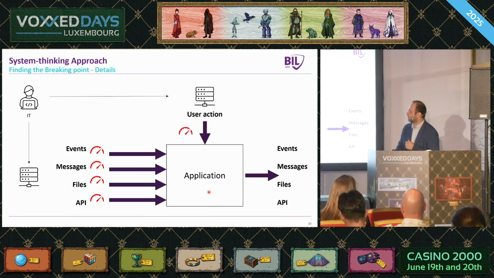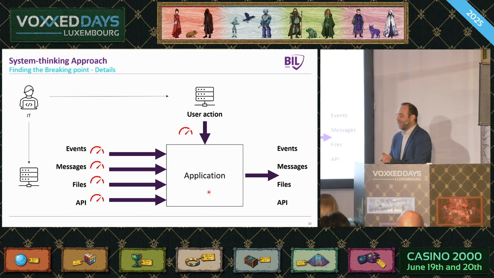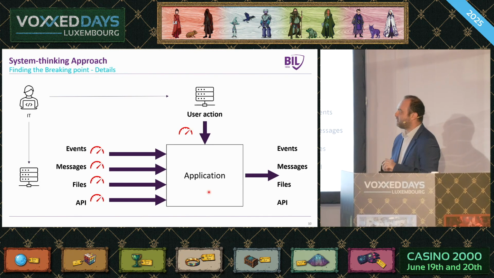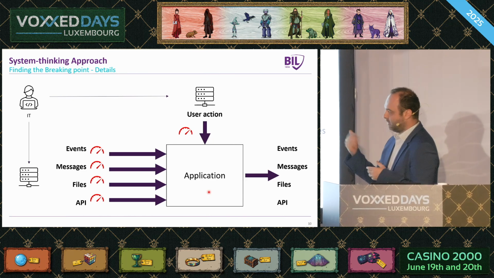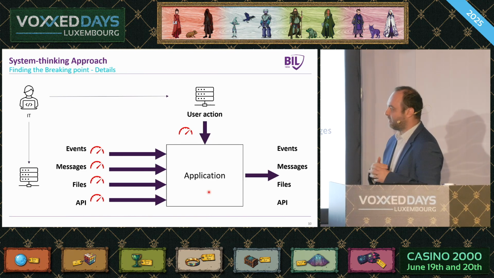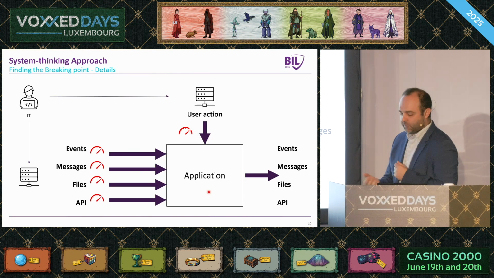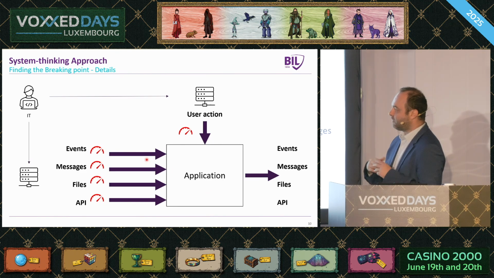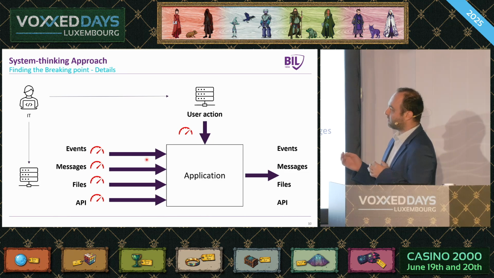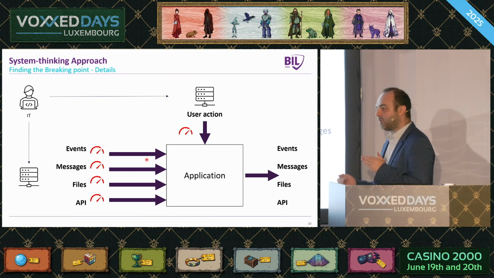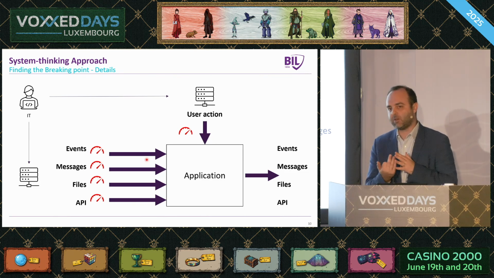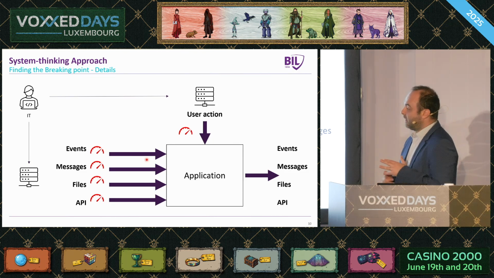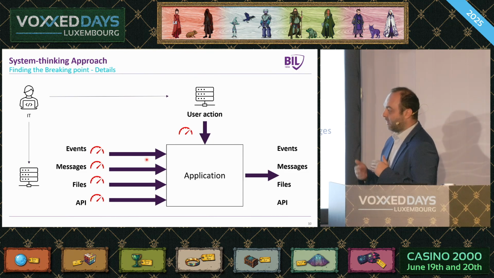I think you are skeptical. Let's do an example. Say you have this application with events, messages, files, and API calls. First, you inject all the events one by one, and you find where the application crashes. Once it's defined, you redo the same test, but you add the messages also. And again and again with the files, with the API.